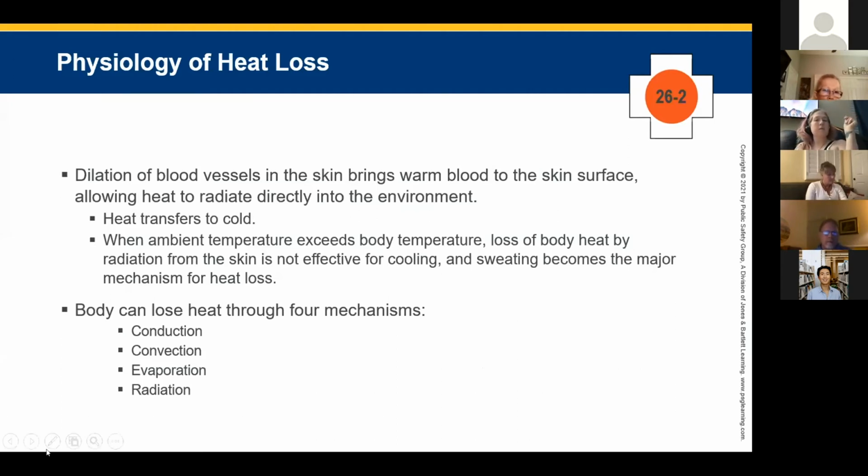Okay, how about convection? Transfers through the air. Okay, how about evaporation? Through the loss of water. So does it go in the air? Yes, through the air. Okay, how about radiation?